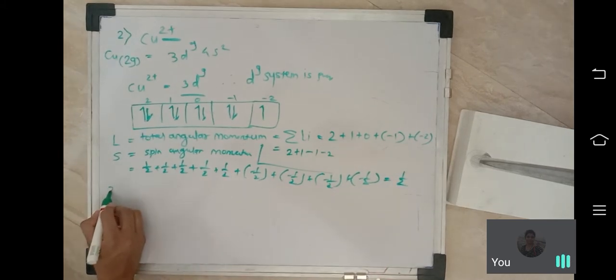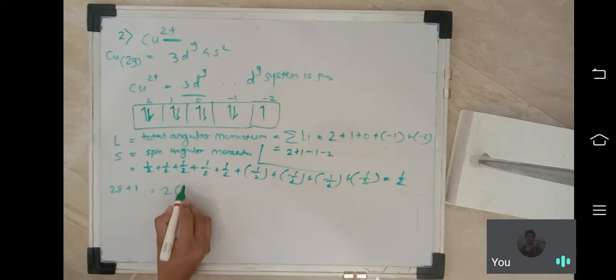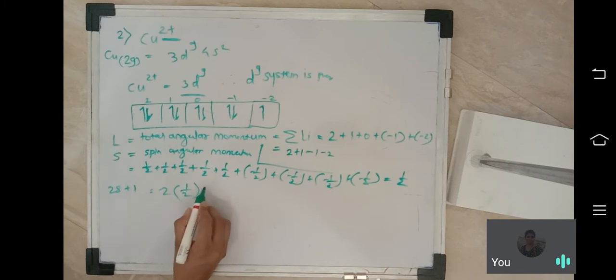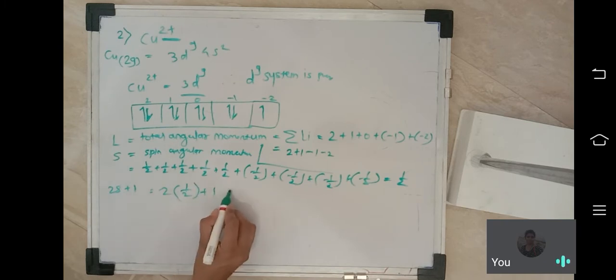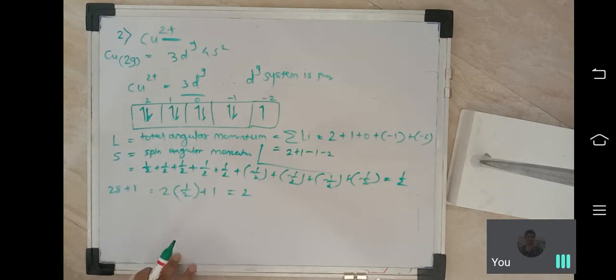Okay, so you have to calculate the value of 2S plus 1. What is the value of S? Here it is half, so 2S plus 1 is 2. Then L is equal to 2. How do you calculate L equal to 2?